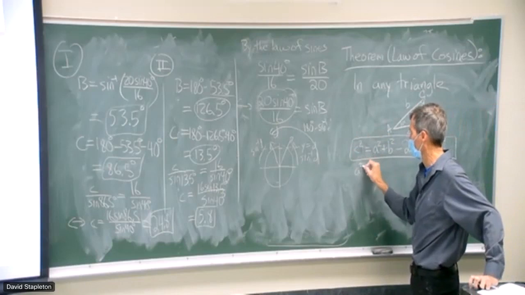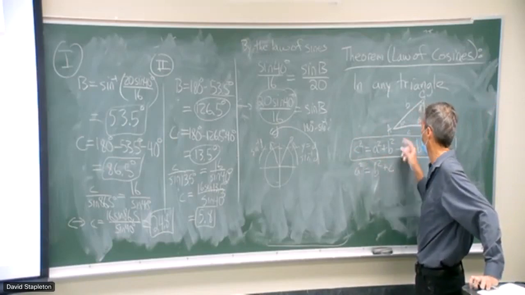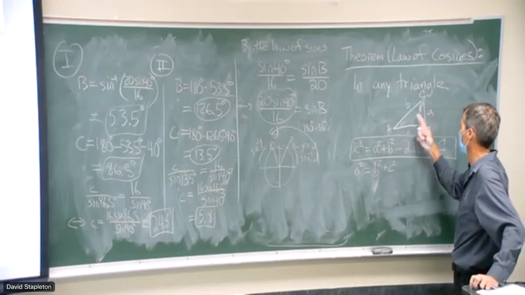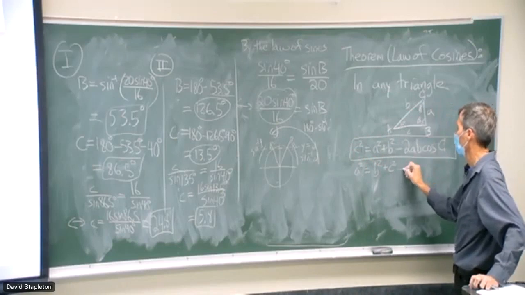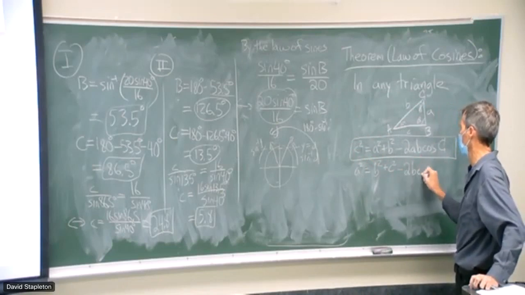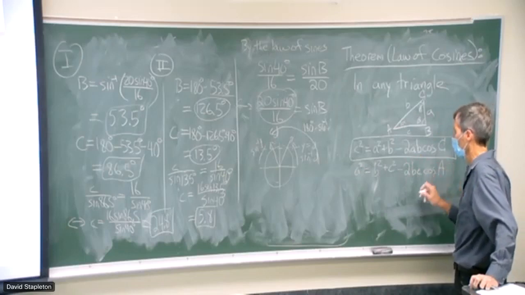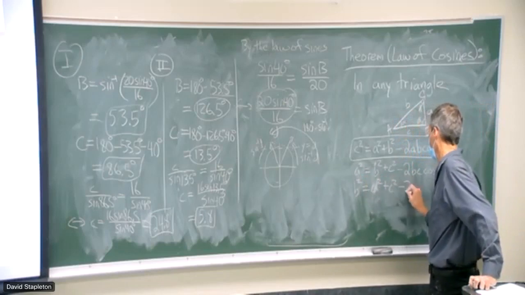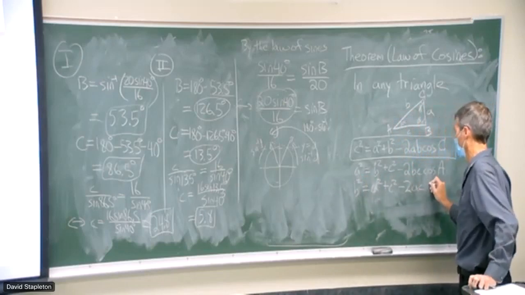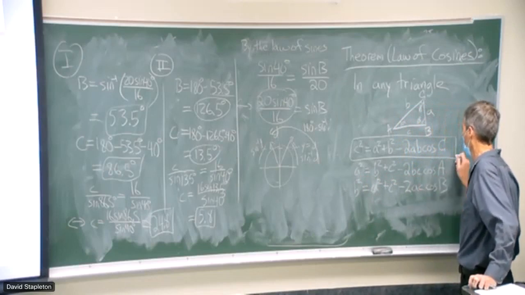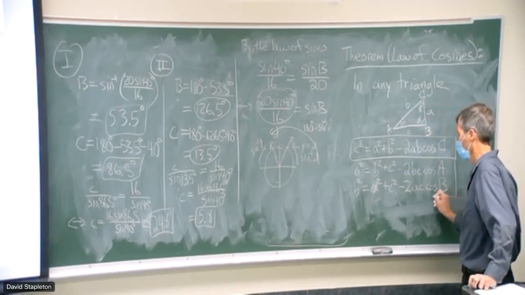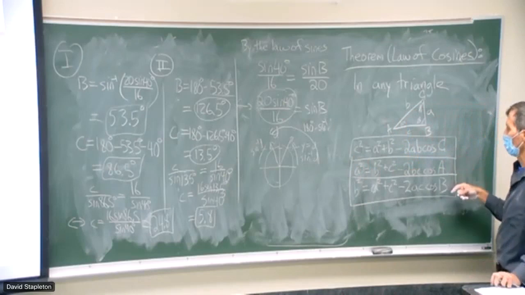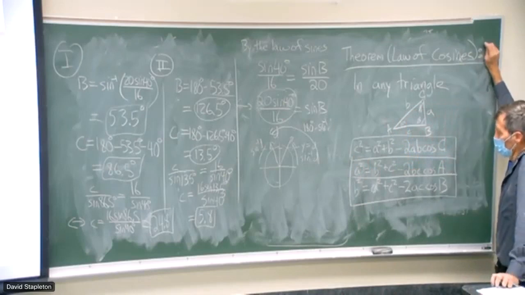You can also put A squared equals B squared plus C squared minus 2BC cosine A, just by relabeling the sides and angles, so A is opposite angle A, B is opposite B, and C is opposite C. Or you can put B squared equals A squared plus C squared minus 2AC cosine B. So there's three ways to rewrite the law of cosines, just like there was the law of sines.